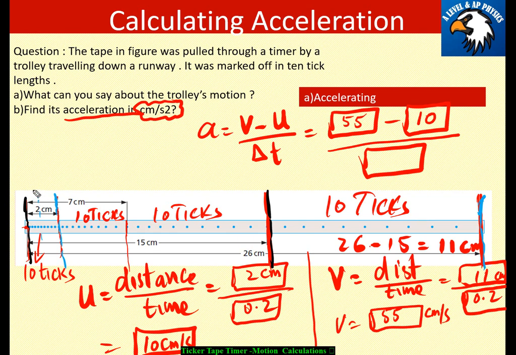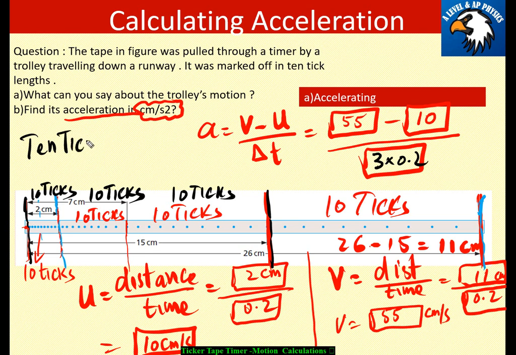Here, how many ticks? We need to find the time interval from here. We have 10 ticks here, then again 10 ticks, again 10 ticks, so it means three sets of 10 ticks. That is 3 times 0.2, since for 10 ticks the time is 0.2 seconds.